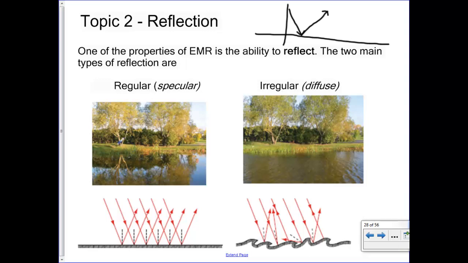So this would be a good example of regular, a nice flat surface where everything bounces up perfectly. What happens if there are some ripples in the water? Can you still see some reflection? Sure, I can see that this part of this tree over here is kind of sitting right in there. But is it crystal clear? No. So here would be a good example of, yeah, it's reflecting, but it's not reflecting off of a nice flat surface.